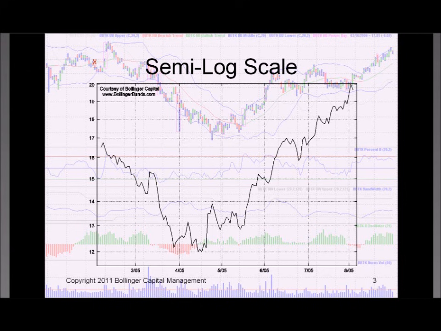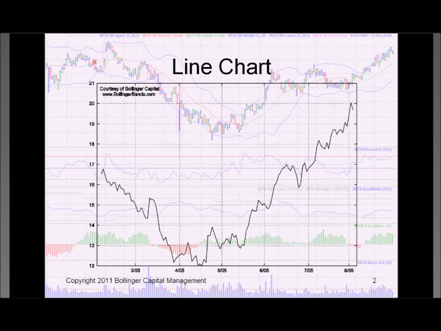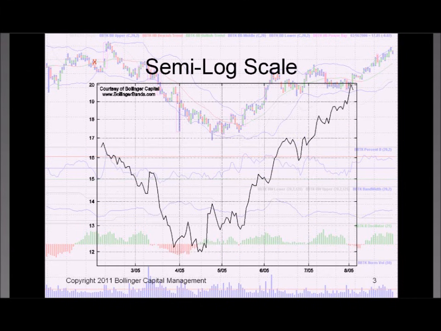Perfect. Okay. So by shifting from the arithmetic scale to the logarithmic scale, we present the true economic value of a change in price, regardless of price level on the chart, to our portfolio. This is especially true if you are trading things that are low-priced, stocks in the $5, $7, $10 range.